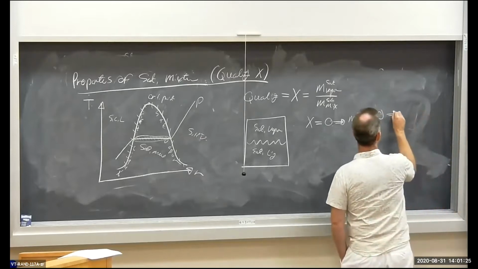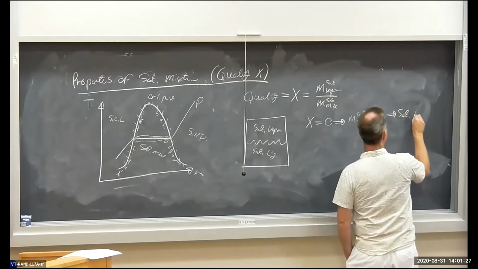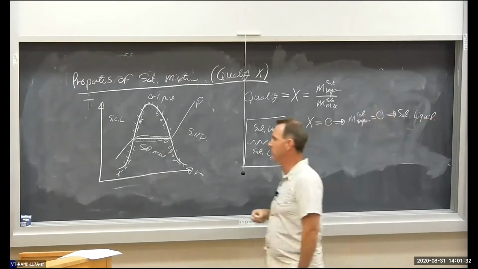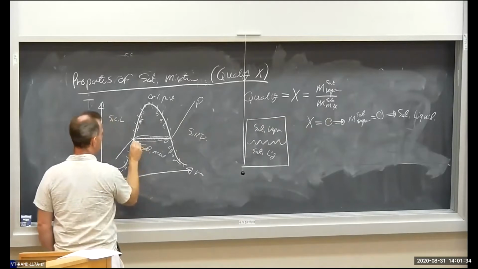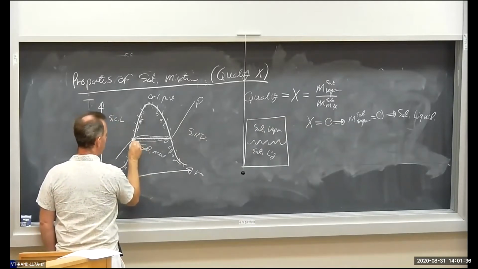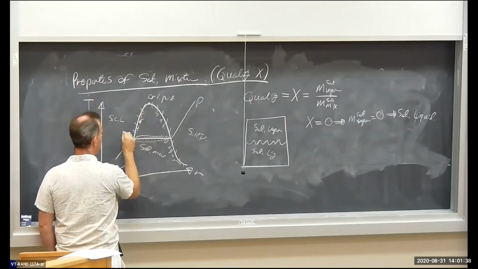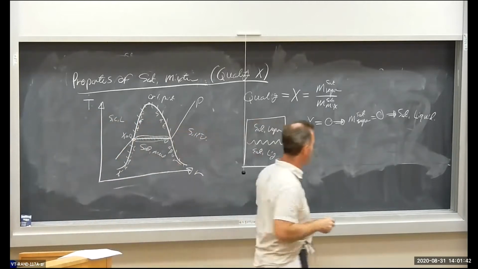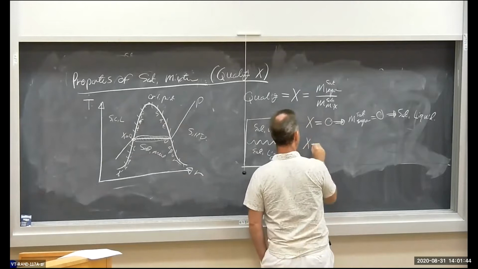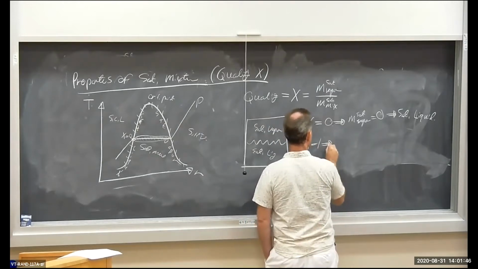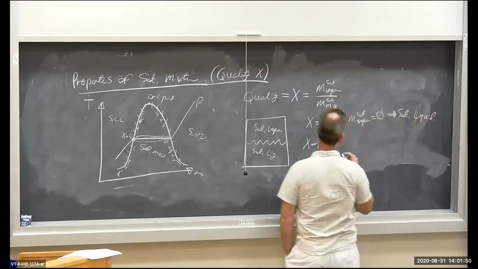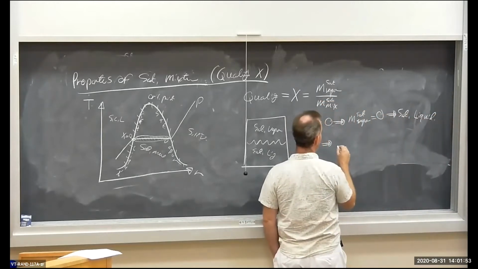That means we are all saturated liquid. So right here on this side of the dome, quality equals 0. Saturated liquid. If X equals 1, that means the mass of the saturated vapor is equal to the mass of the mixture.